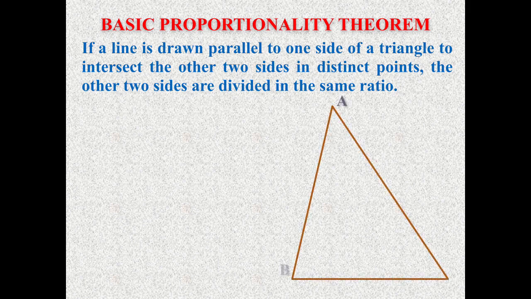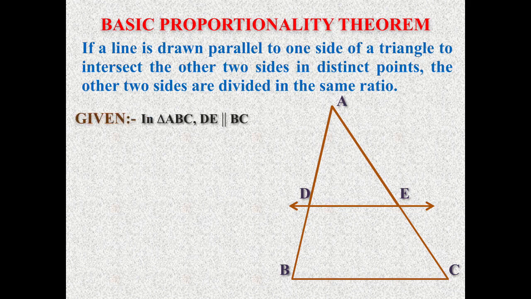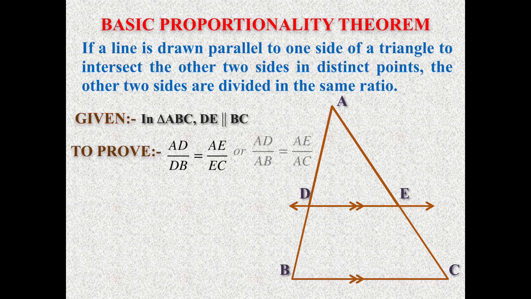So, we are given a triangle ABC and a line DE parallel to the side BC. According to the statement of the theorem, we need to prove AD upon DB is equal to AE upon EC, or AD upon AB is equal to AE upon EC.